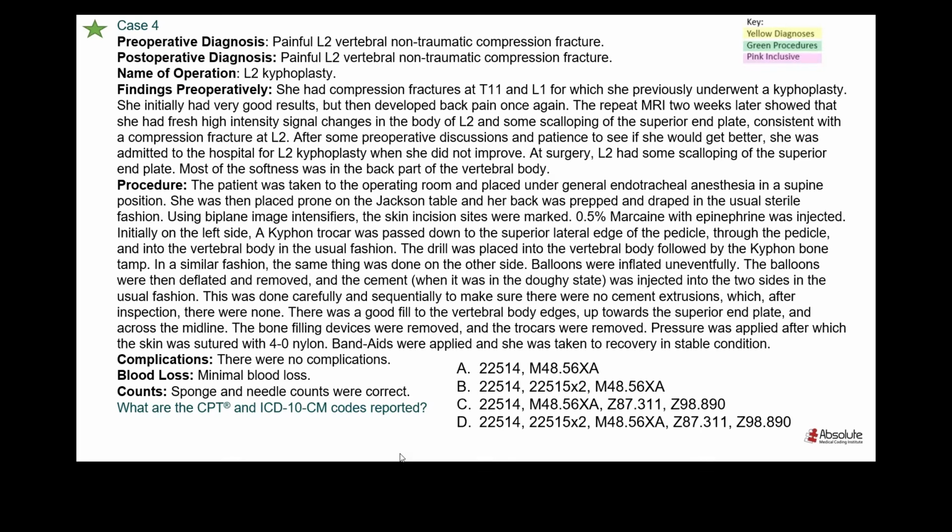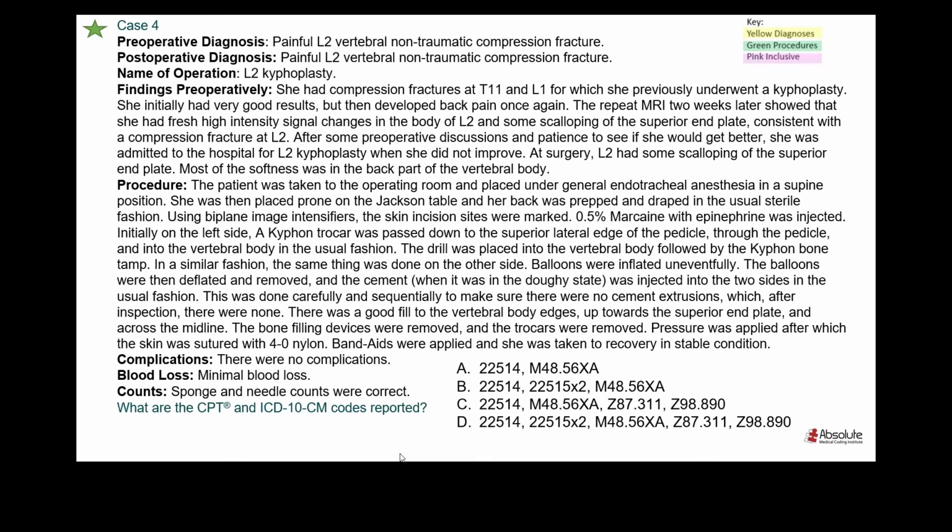Preoperative diagnosis: painful L2 vertebral non-traumatic compression fracture. Postoperative diagnosis: painful L2 vertebral non-traumatic compression fracture. Name of operation: L2 kyphoplasty. Findings preoperatively: she had compression fracture at T11 and L1, for which she previously underwent a kyphoplasty.